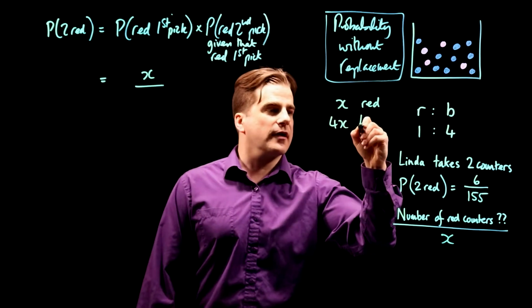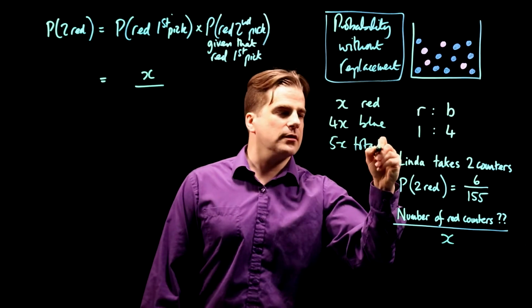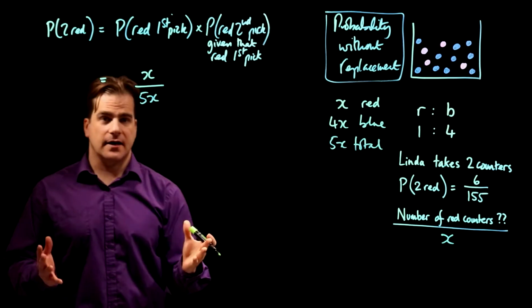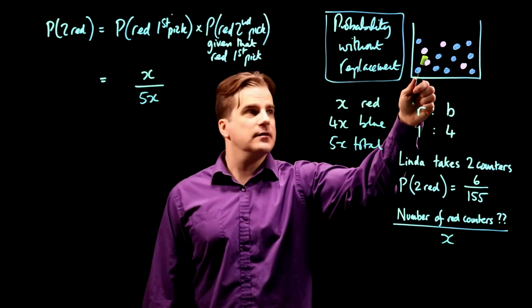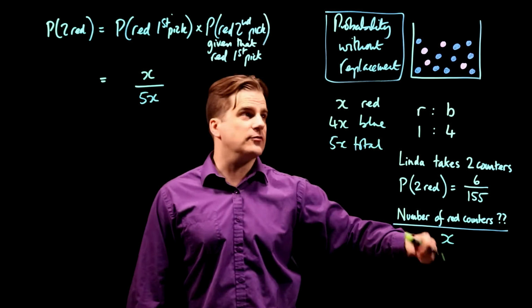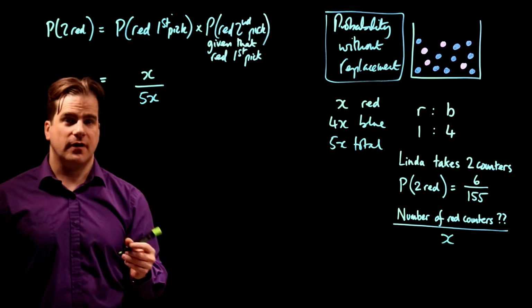We've said there are 4x blue and 5x total. So it's x divided by 5x. Does that make sense? You've got this box, x of them are red, there's 5x in total. So randomly grabbing a counter, the probability of choosing a red is x out of 5x.